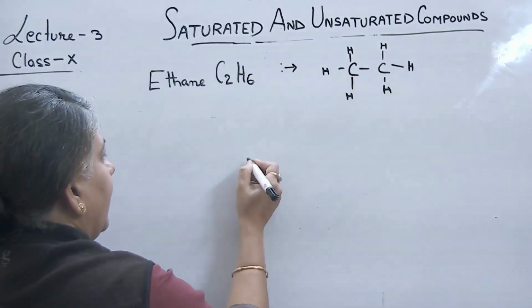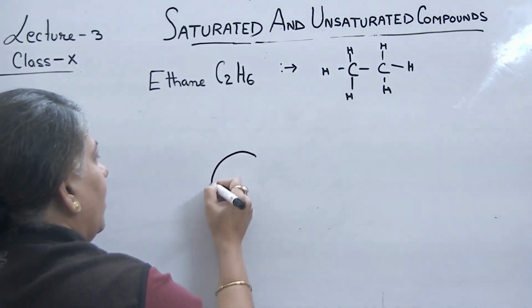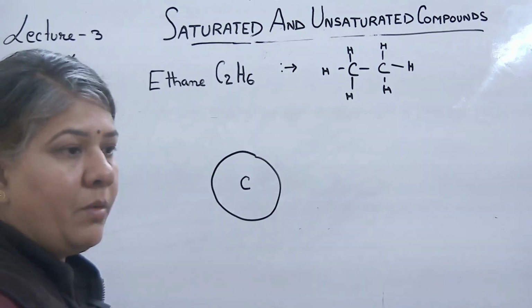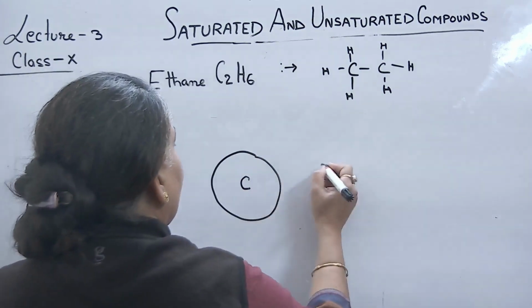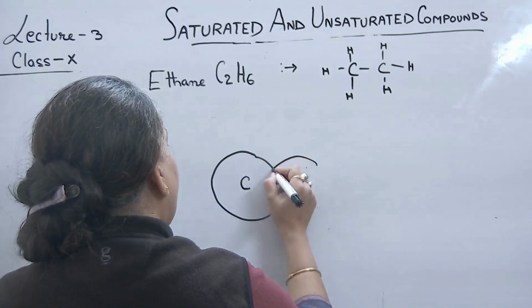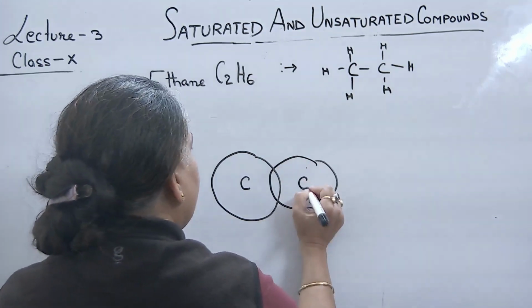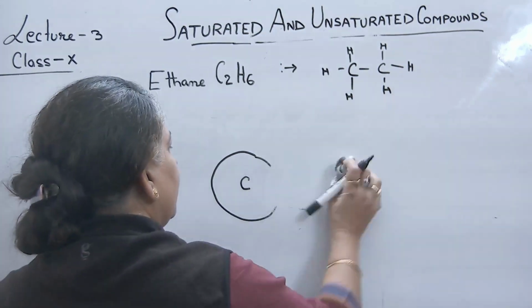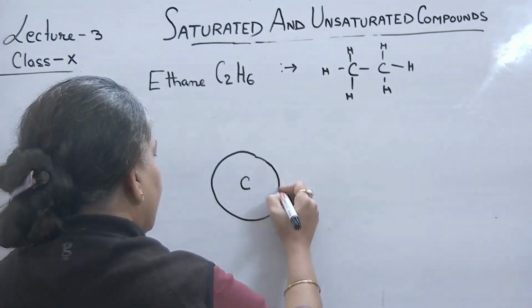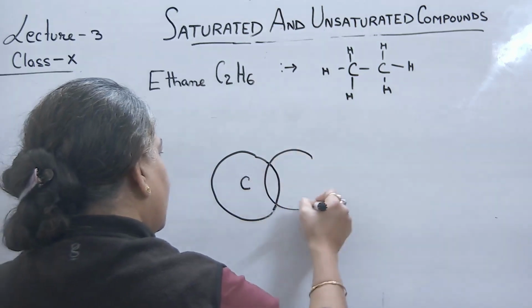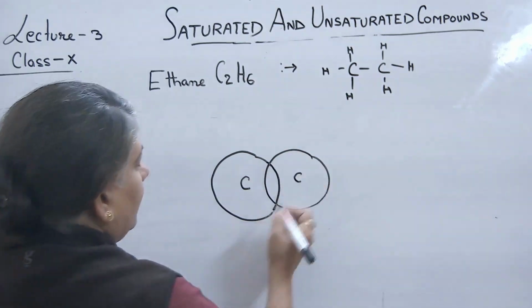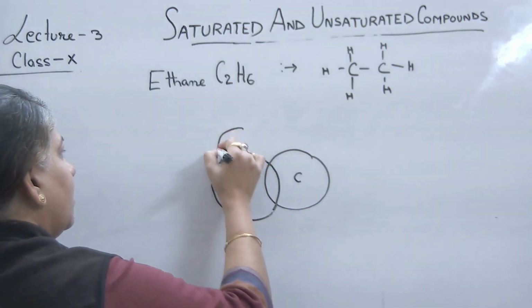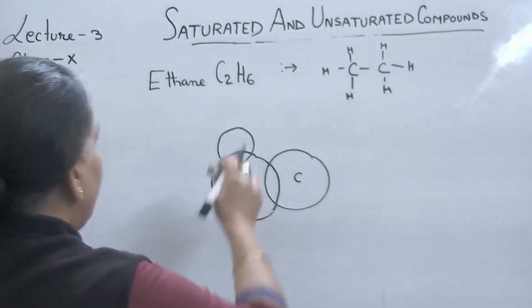So let's draw the circle for carbon, then another overlapping circle for carbon. Then 3 hydrogens, so draw 3 smaller circles.